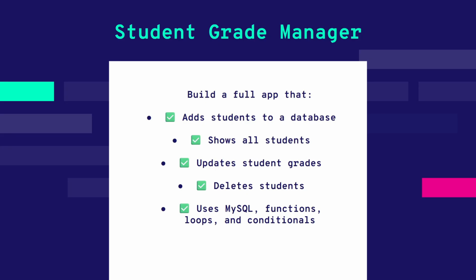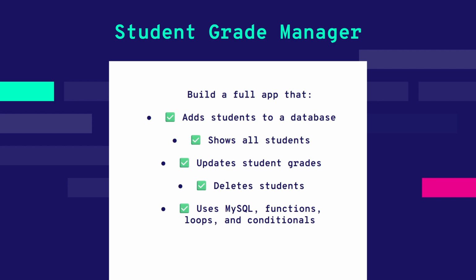So what's supposed to be inside the student grade manager? What you have to add is adding, showing, updating and deleting student records. It's like a real-time admin system, and this is something that shows colleges you know how to build full applications, not just small exercises.